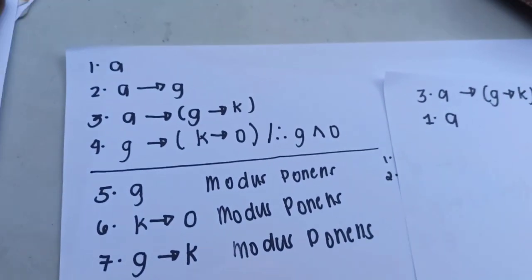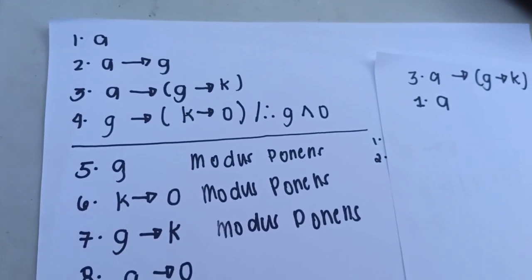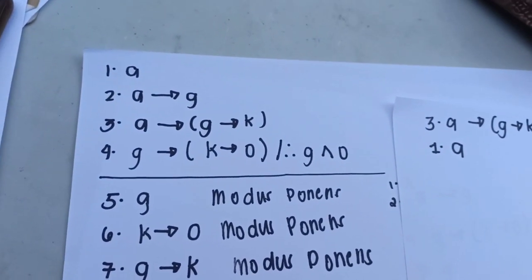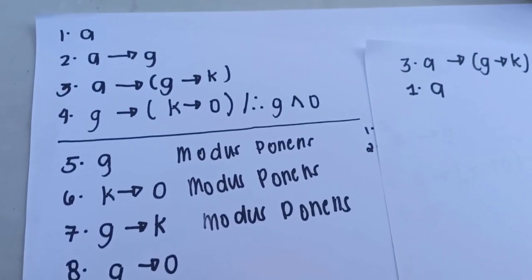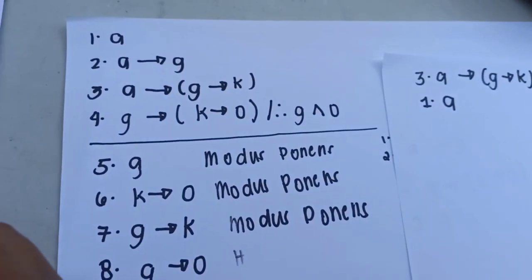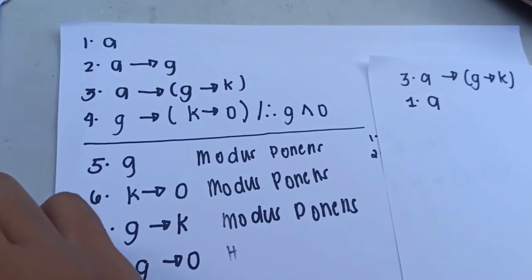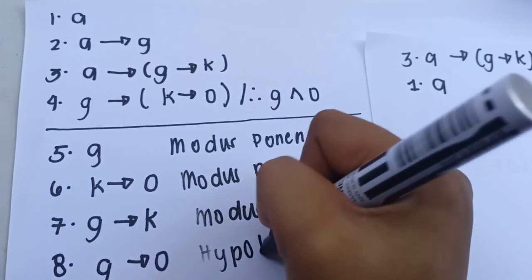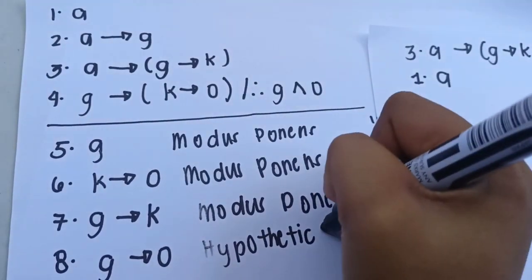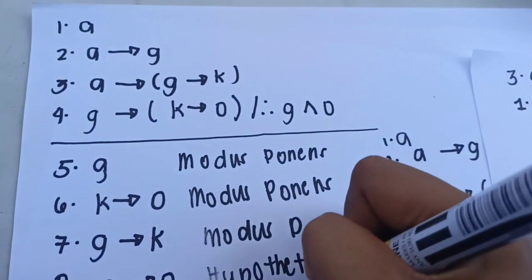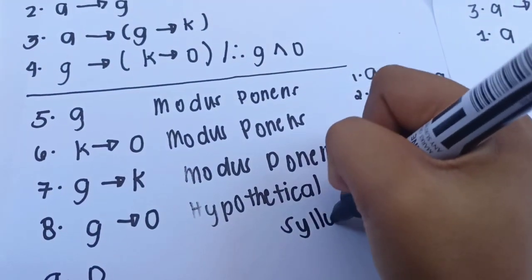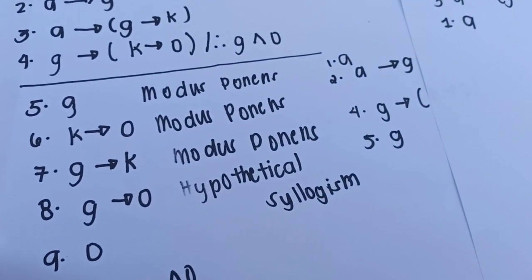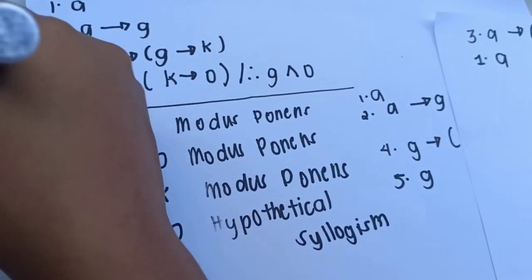So, number 8 naman is G implies O. Paano naman kaya nangyari yon? Anong rule yung ginamit natin dito? So, the rule that we use here is hypothetical syllogism. So, paano kaya naging hypothetical syllogism diyan?